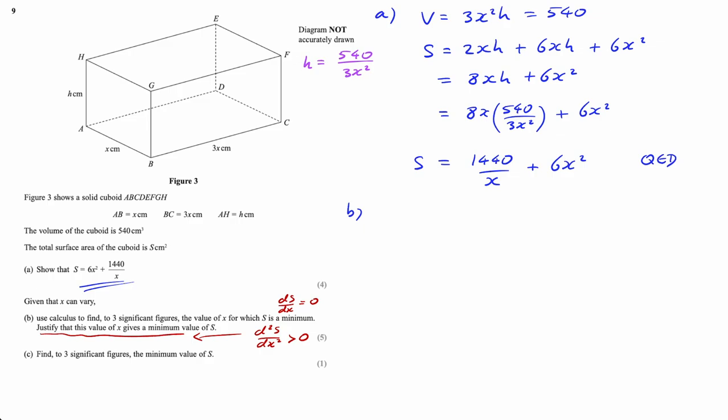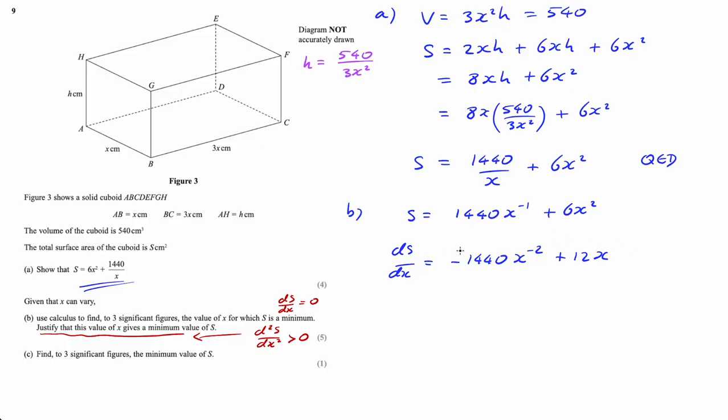Okay, so let's get the first derivative. I'm just going to rearrange this, guys, to be 1440x to the minus 1 plus 6x squared. Differentiate this, ds dx equals negative 1440x to the minus 2 plus 12x.